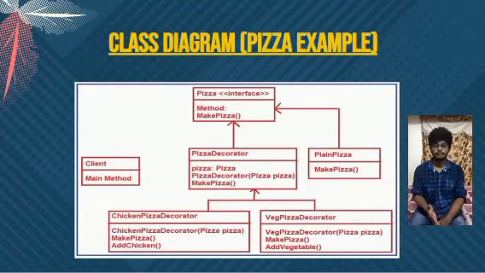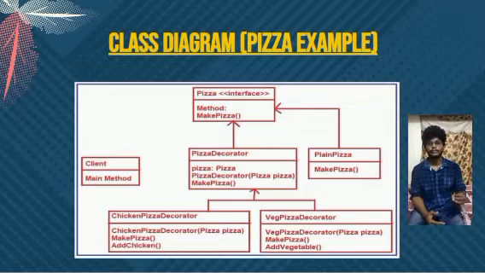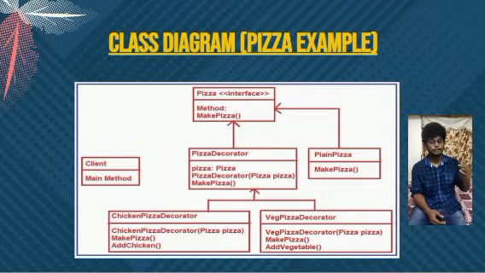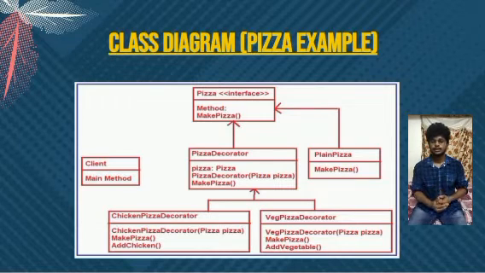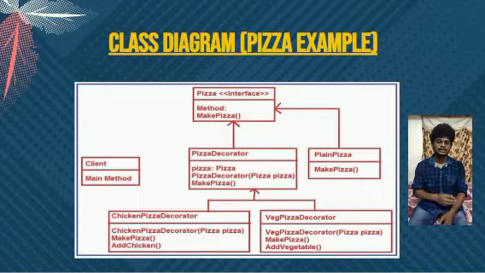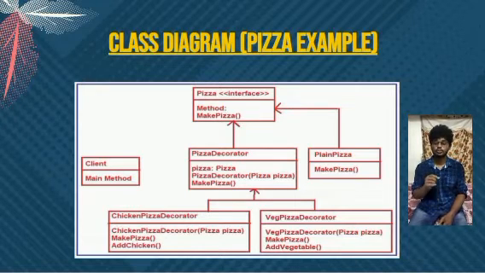A class diagram is portrayed here for the pizza example. At the top you can see the pizza interface having a make pizza method. It is implemented by the plain pizza concrete class to implement make pizza, so that on calling this method it will return plain pizza to the caller. The pizza decorator is an abstract class having a constructor where the pizza object to be decorated is passed.